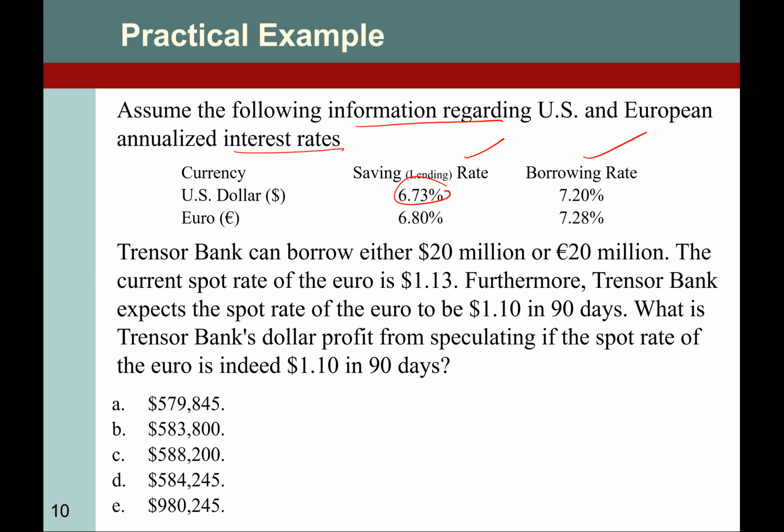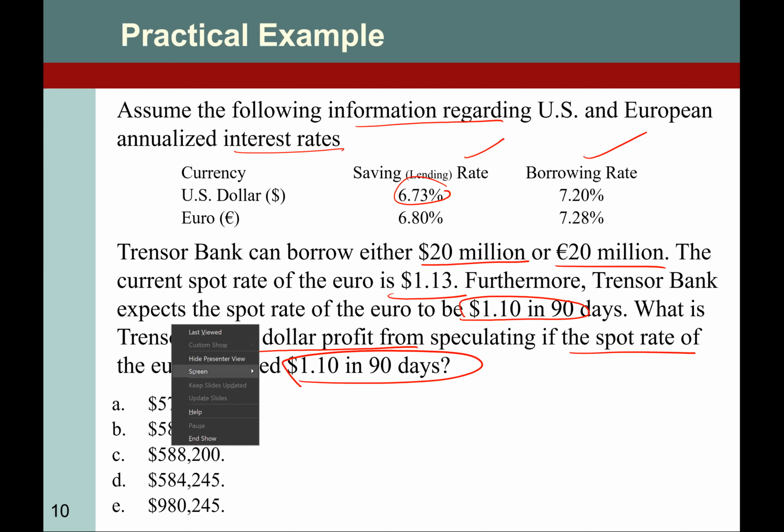The bank can borrow either $20 million or 20 million euro. The current spot rate of the euro is $1.13. Furthermore, the bank expects that the spot rate of the euro will be $1.1. So what is the bank's dollar profit from speculating if the spot rate of the euro is indeed 1.10 in 90 days?